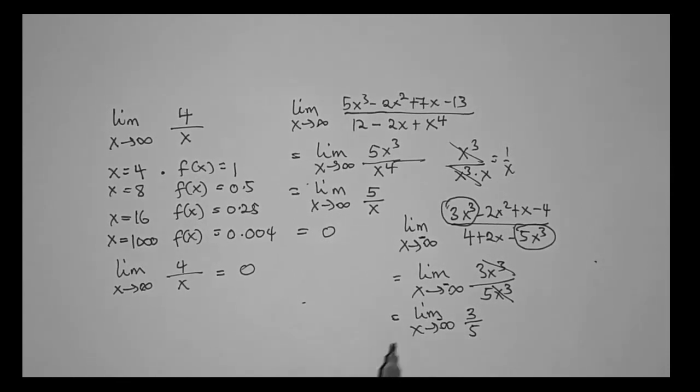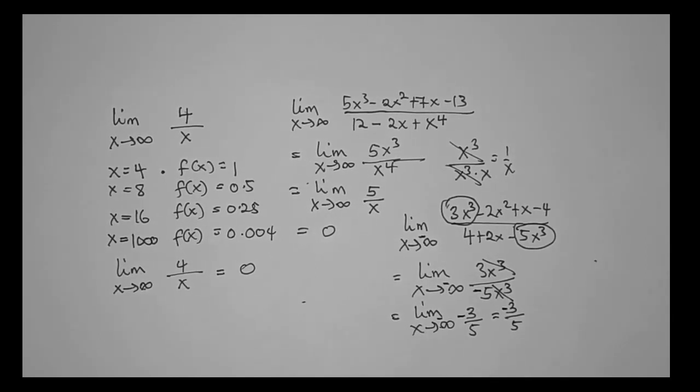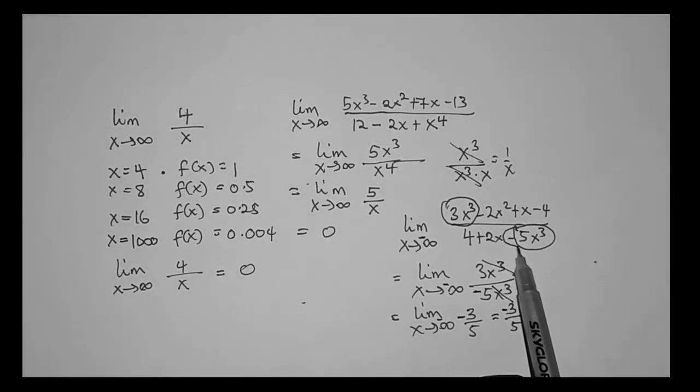Anytime you find the limit as x approaches any value of a constant, the answer is that constant. So this is equal to 3 over 5. I made a mistake. There is a negative sign here, and therefore this will be equal to minus 3 over 5. So the final answer is minus 3 over 5, because here was minus 5x cubed.